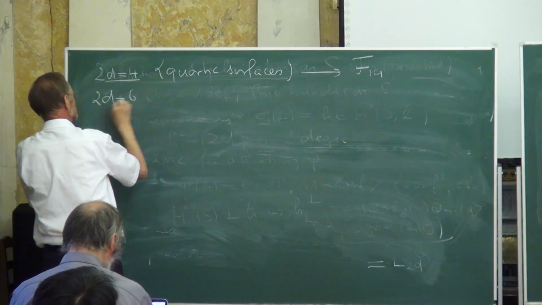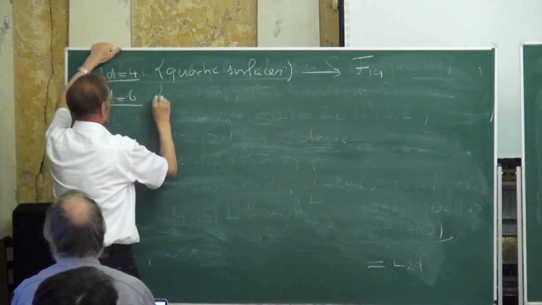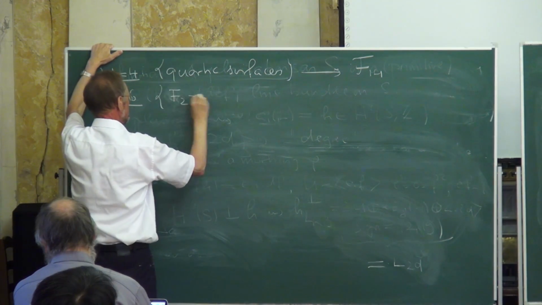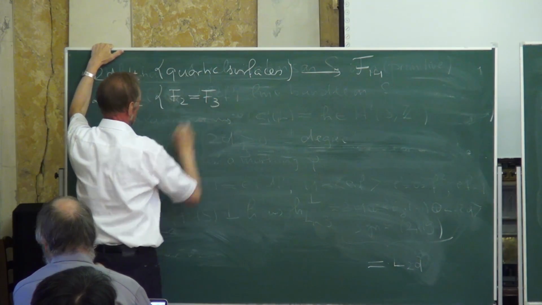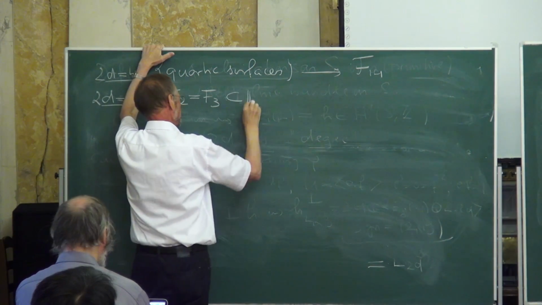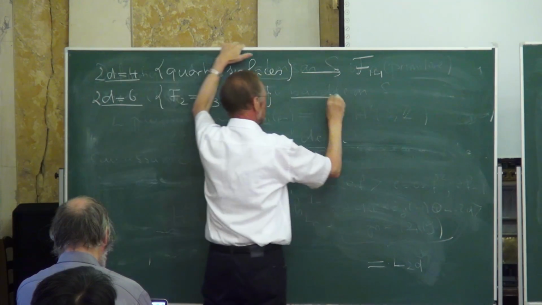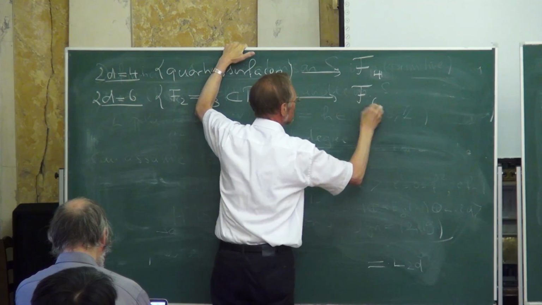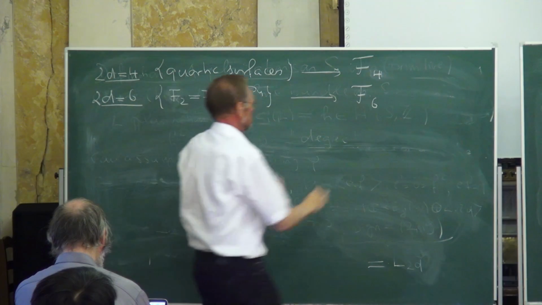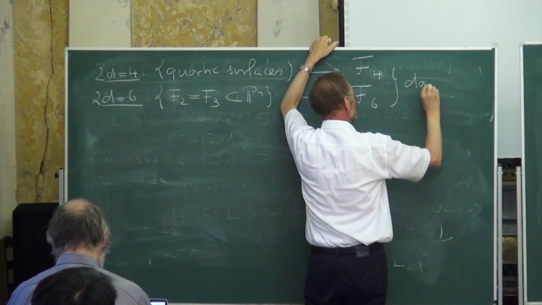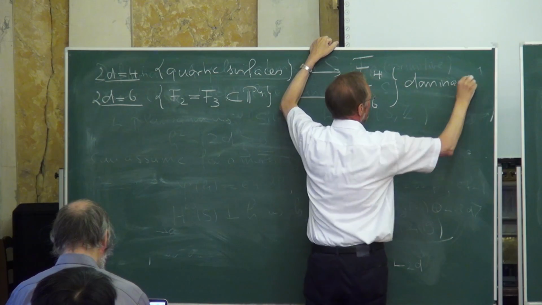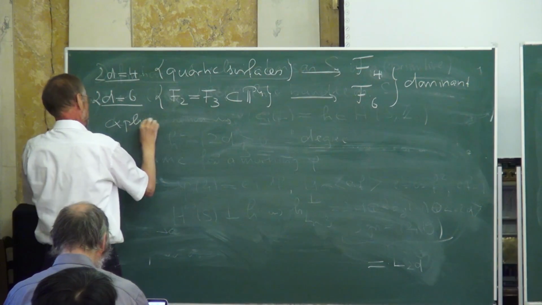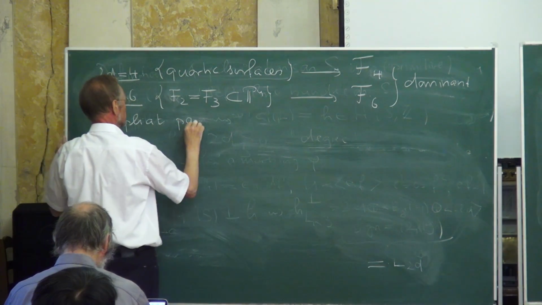If 2d is 6, then I have complete intersections of a quadric and a cubic in P^4, and I can map that to F_6. In each of these cases, these are dominant. So here we have explicit parameterizations.